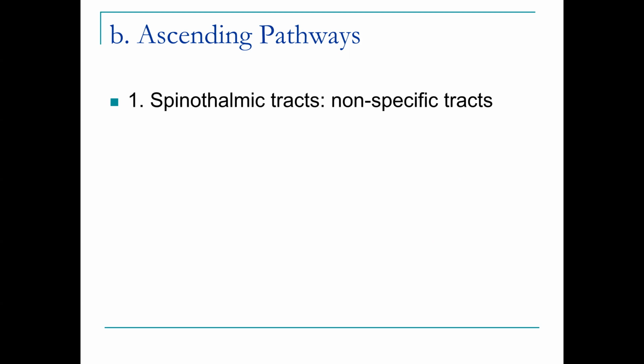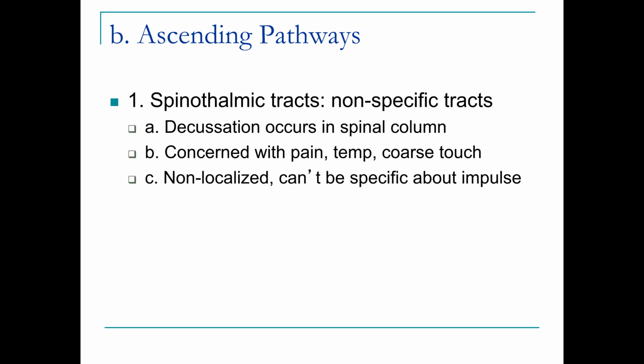Okay, the first track we're going to look at is the spinothalamic tract. It's a non-specific tract. Decussation occurs in the spinal column. That means it crosses over. We figured it had to cross over somewhere because our general knowledge, with two major exceptions, is that the left half of the brain controls the right side of the body, and the right half of the brain controls the left side.